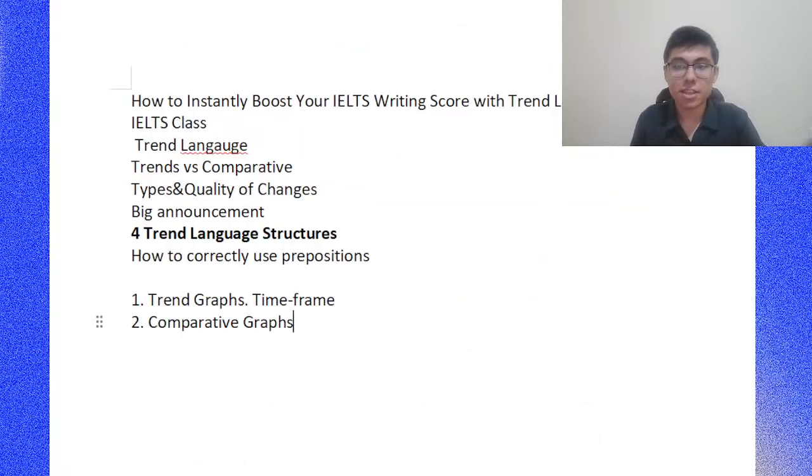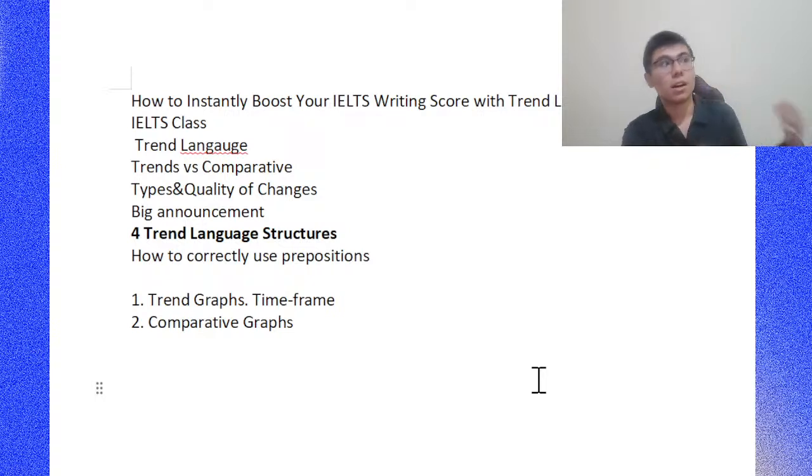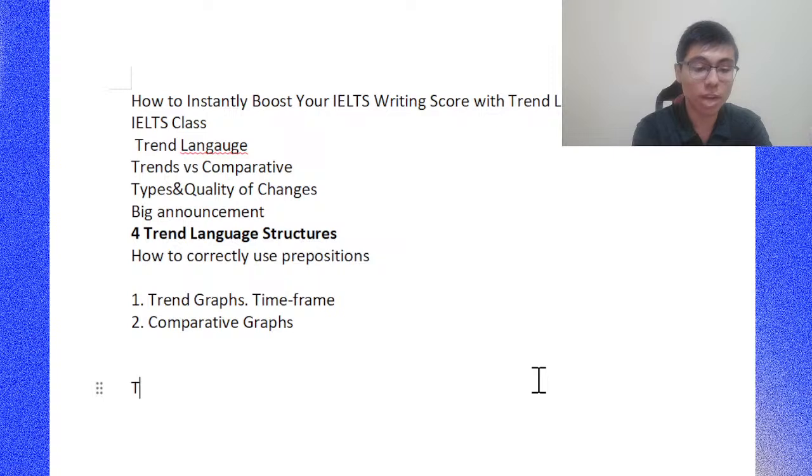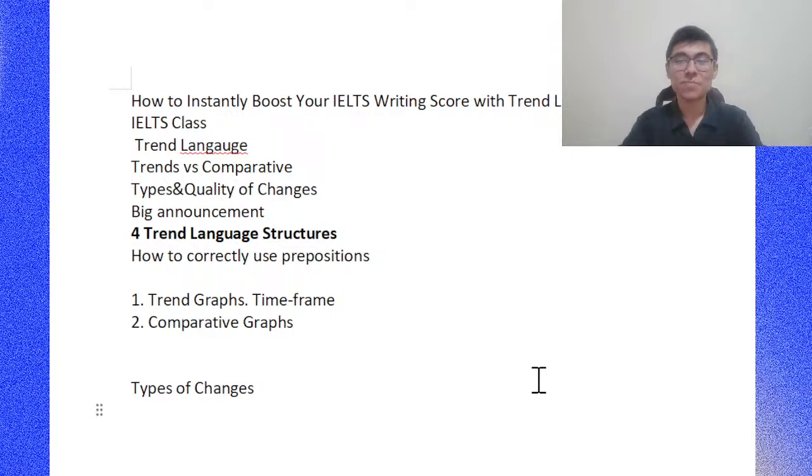The other thing that you have to really understand is types of changes. What sort of verbs or adverbs to use when you want to describe different types of changes in IELTS Writing Task 1. Firstly, we have increases, and there are a ton of phrases that you can use, but I'm gonna write the ones that I highly recommend.